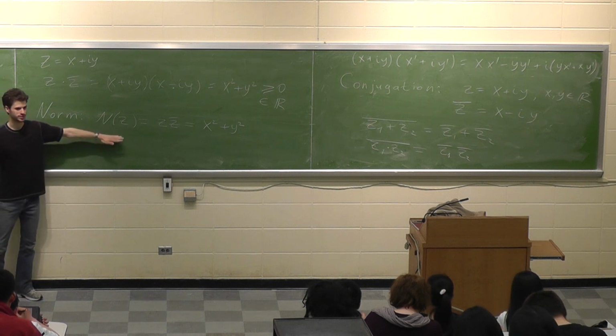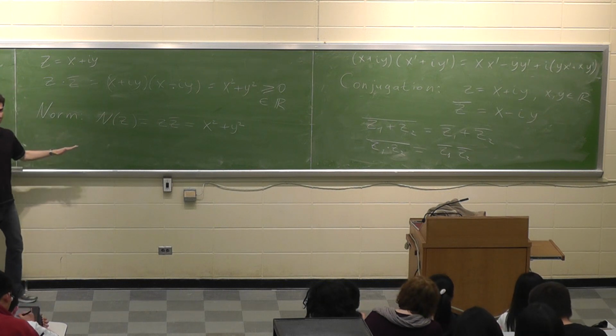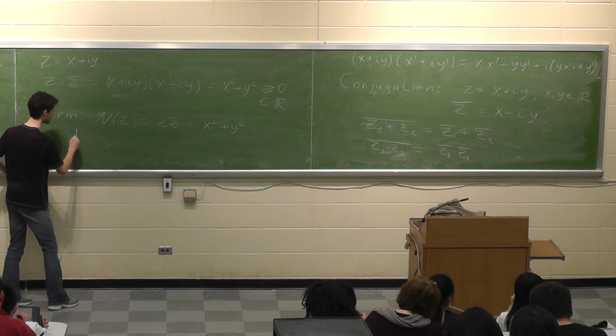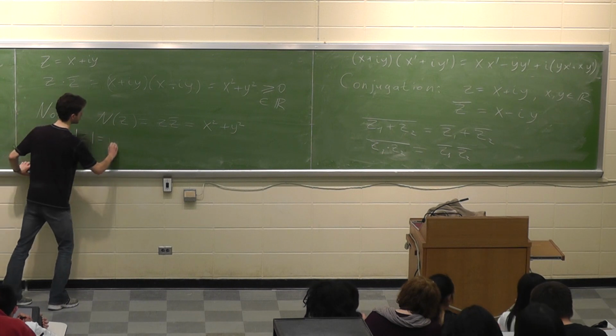You might have seen some other definition, the absolute value of z, which is the square root of the norm.